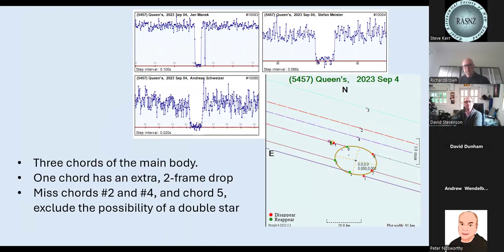Now, this is an interesting one. There's the plot of the event with a little satellite there, observed by one observer there, Jan Manek. He used to be heavily involved with lunar occultations and the early stages of asteroidal. It was a 2 data point light drop.